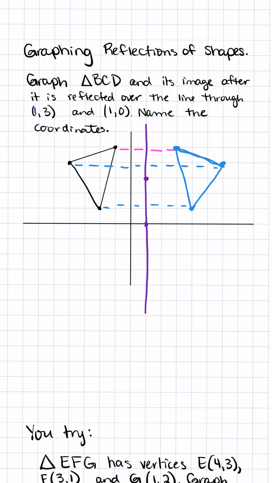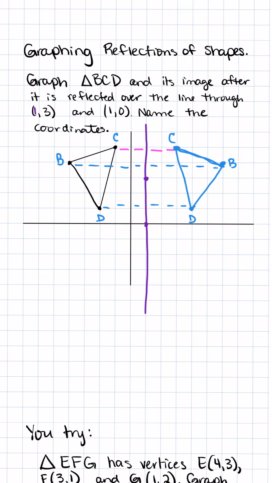Okay, so now it says name the coordinates. This one previously was named C, B, D. So this is going to be still D, C, and then B flips to this other side. So now it wants us to identify these points.